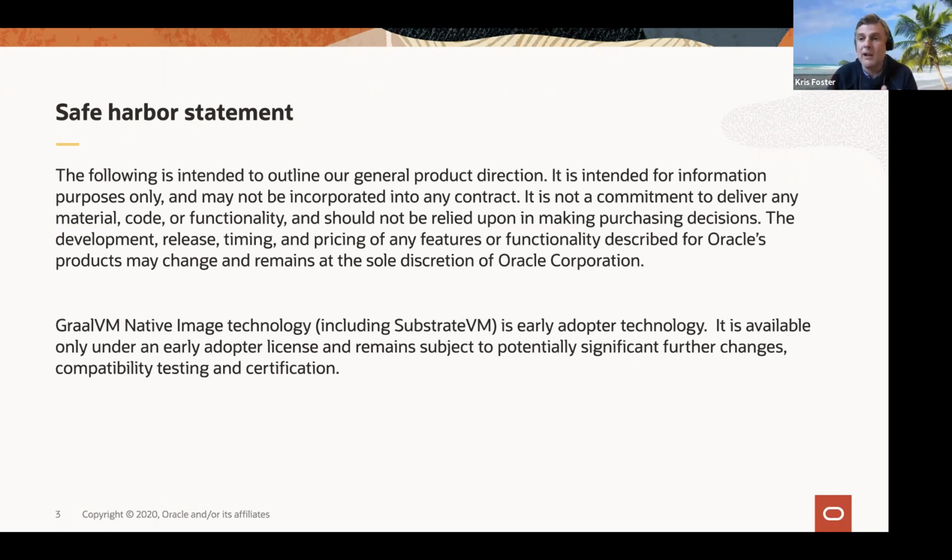But this is early adopter. It's production ready, but it has early adopter status. That basically means that if you're using it, in order to get support, Oracle might ask you to upgrade to a more recent version. When it goes out of early adopter into a fully supported version, that won't be the case. There'll be long-term support versions, but right now it's early adopter.